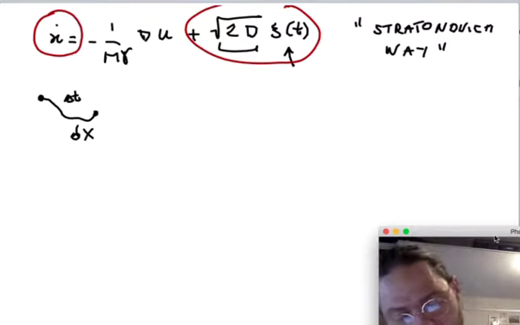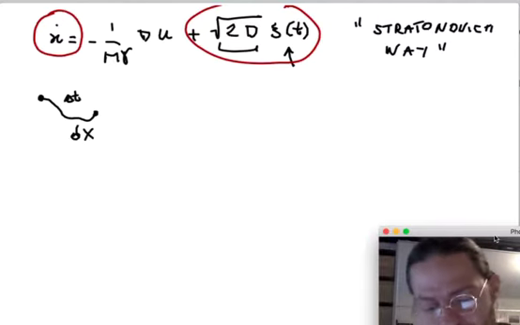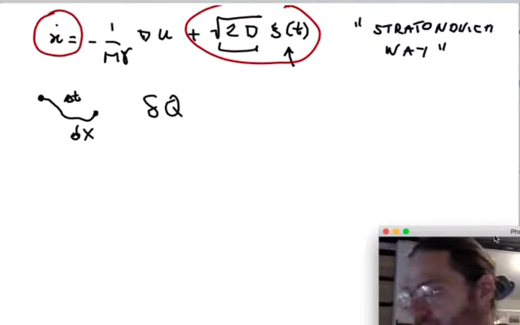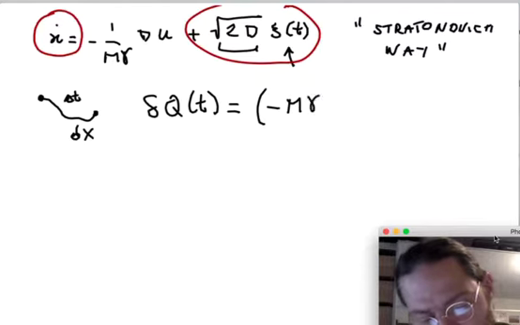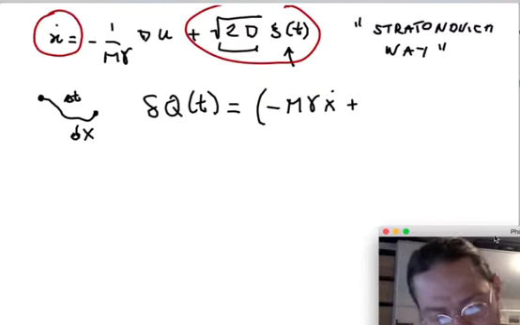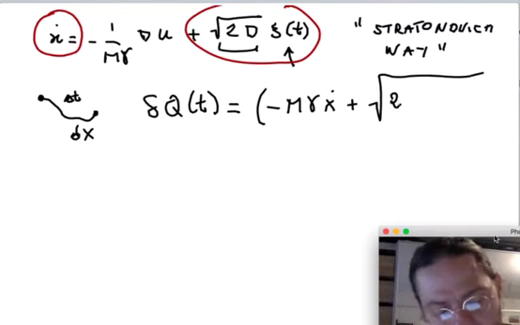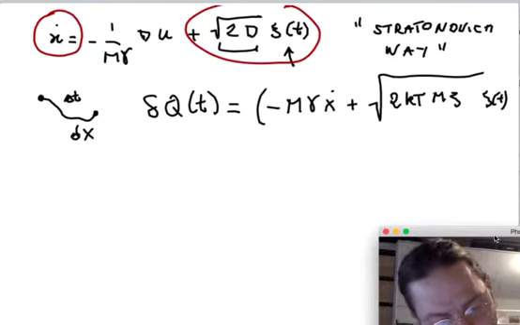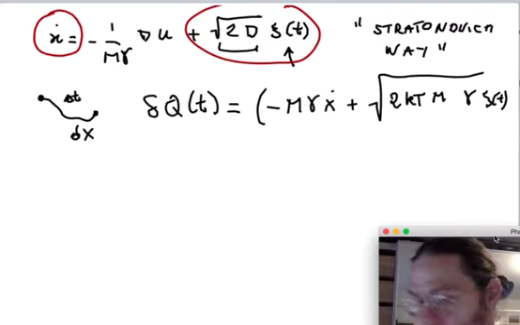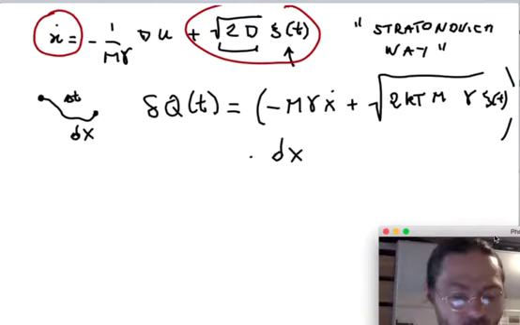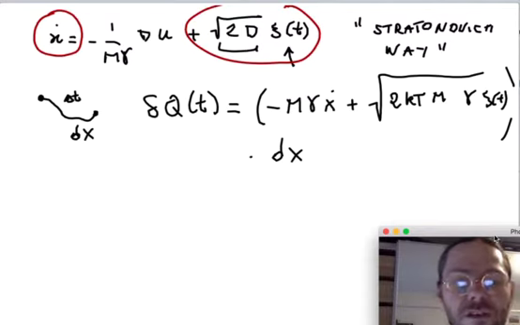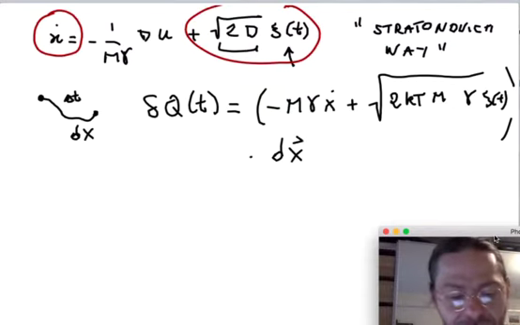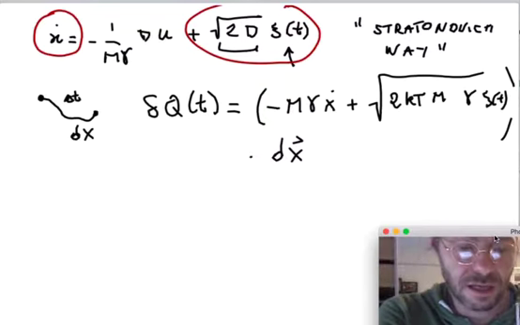So if I were to define heat in this system, exchanged over a time delta t, I would have an incremental heat that gets exchanged at time t, and that's minus m gamma x dot plus root of 2 kT m gamma psi of t, times dx. Why? Because this is the force responsible for exchanging energy with the environment, and this is the work made by those forces by taking the inner product with the displacement.